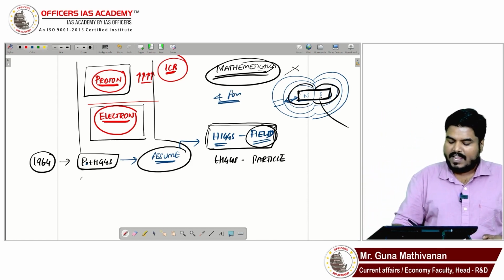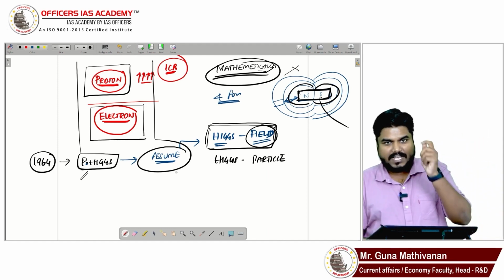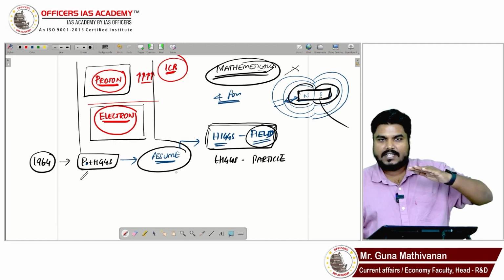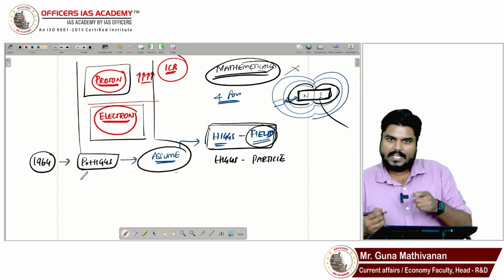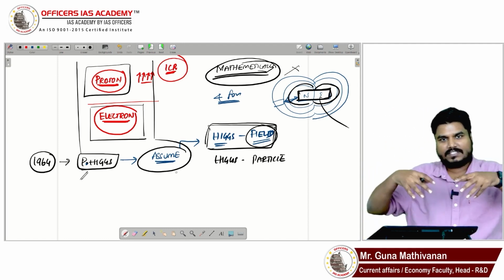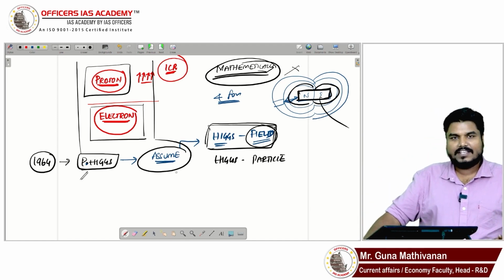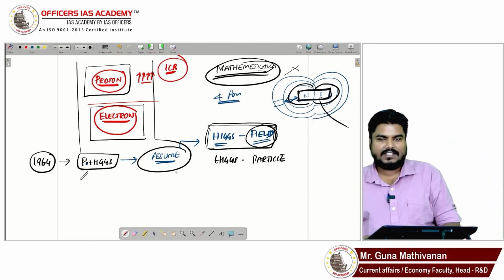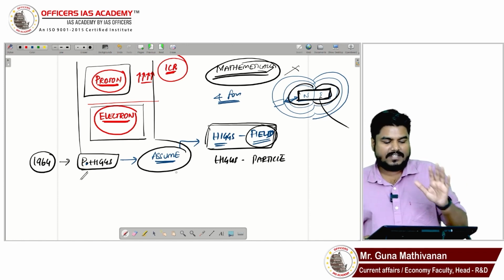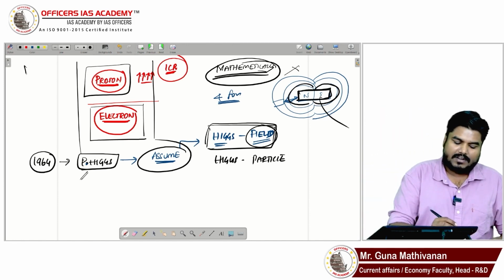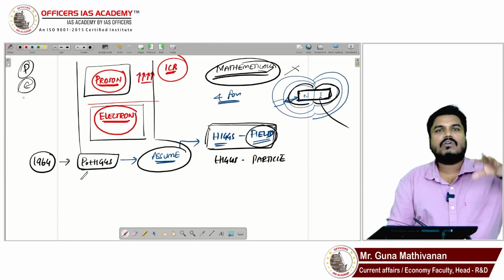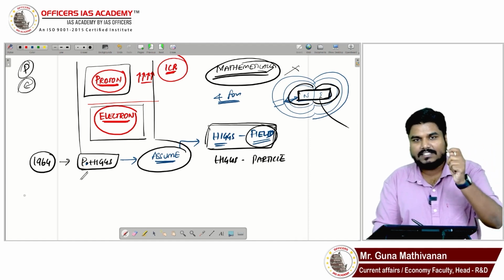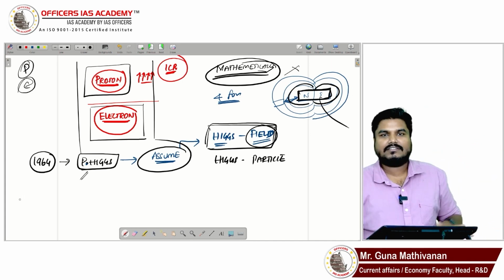So Peter Higgs was saying let us assume, because he is giving an answer. Let us assume there is a Higgs field. That field is created by Higgs particle. The force is the Higgs force. So he is assuming, and he is explaining to the research community that this proton or electron or whatever inside the atom is not having any mass at all.